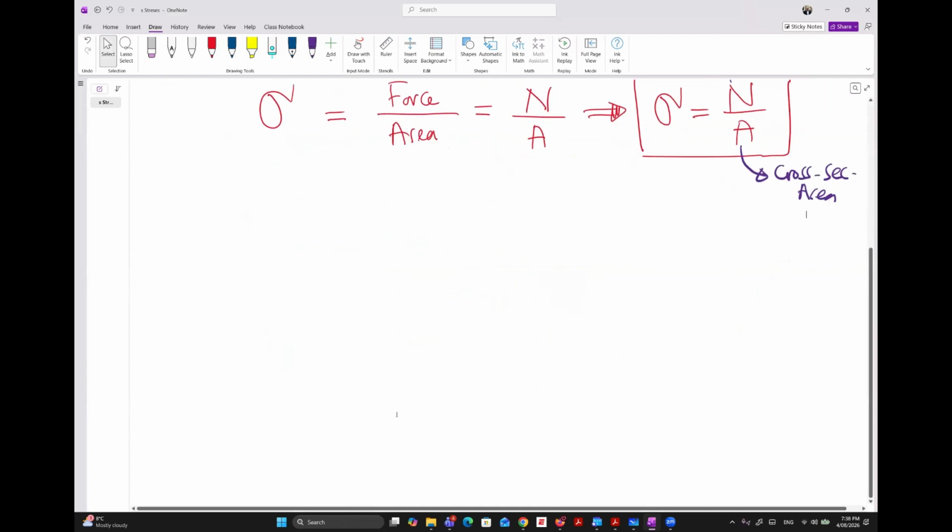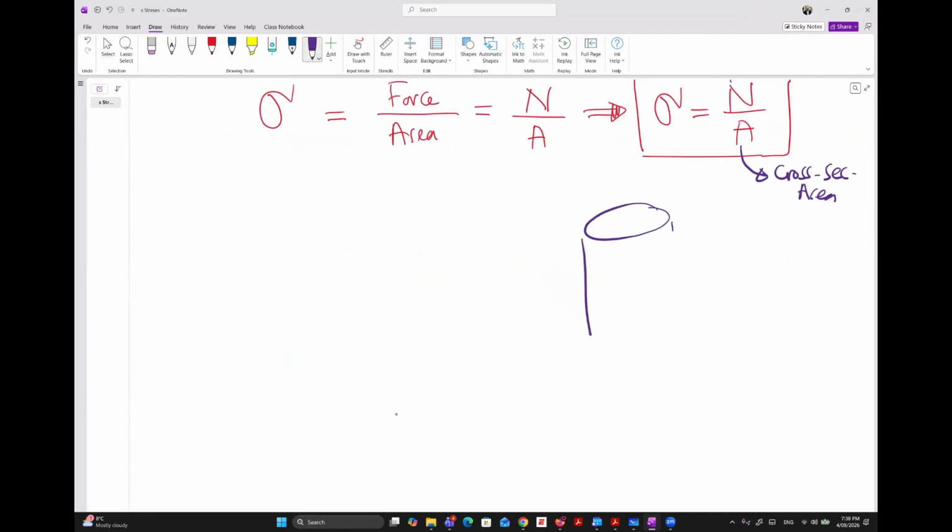So if we do a quick example here, this is our cylinder, the cylinder has a diameter of, for example, d equal to 200 millimeter, and we have a normal force applied. How do I know it is a normal force?